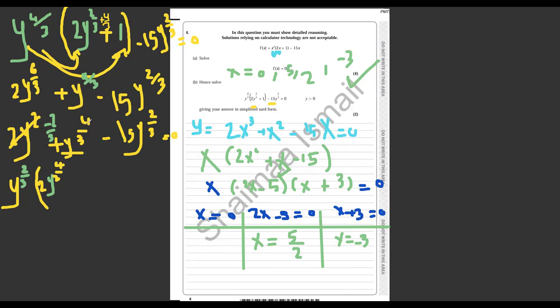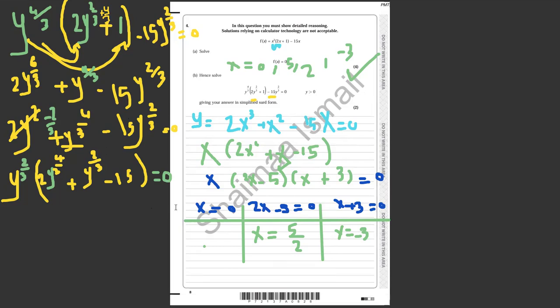So 2 minus 4/3 gives us plus y to the power 2 over 3. Here 4 minus 3, and the minus 15. Okay, and all that would be equal to 0.